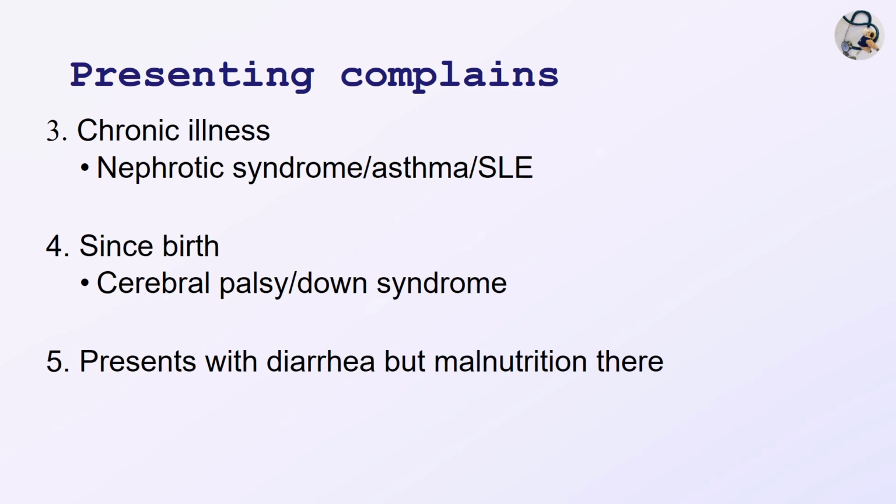Then fifth type, the child may present to you with loose stool or diarrhea, but when you examine, you may see this child is also having malnutrition. So these are the different patterns of presenting complaints which can come to you in pediatrics. Each case you may have to approach in a bit different way, but the basics will be the same.